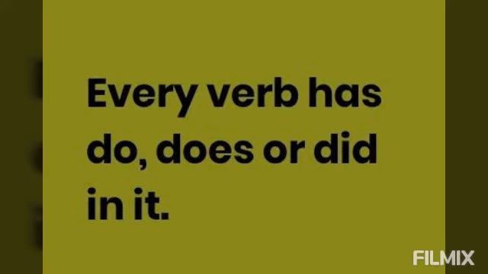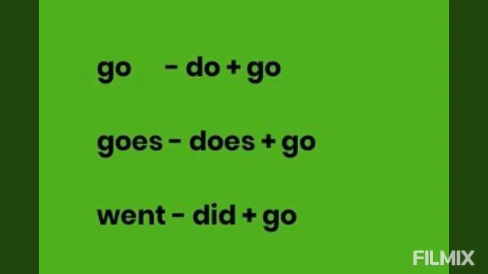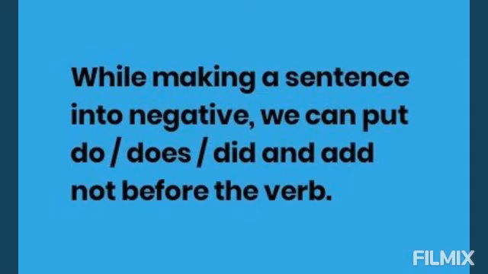So, for example, if we are taking the verb go, it has do plus go. If it is goes, does plus go. If it is went, past form, did plus go. While making a sentence negative, we can put do or does or did and add not before the given verb.